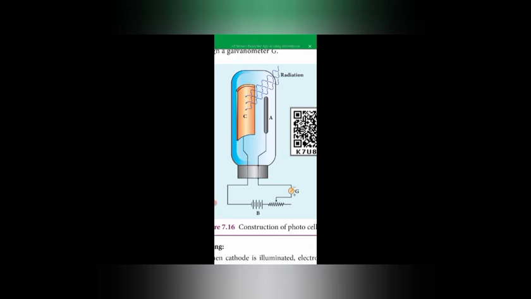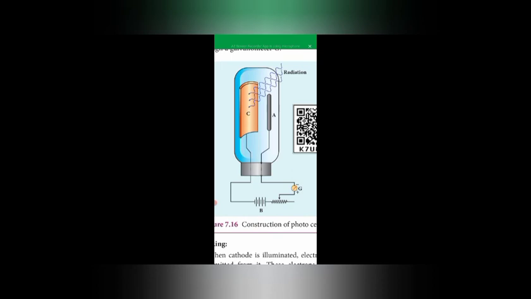Photocells are also used for reproduction of sound in motion pictures, as timers to measure the speed of athletes during a race, and in photography to measure the intensity of the light and calculate the exact time of exposure. So these are all the uses of photocells.